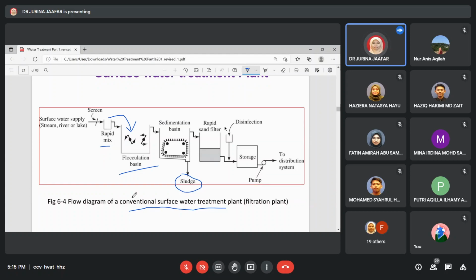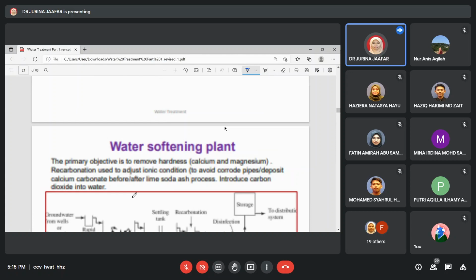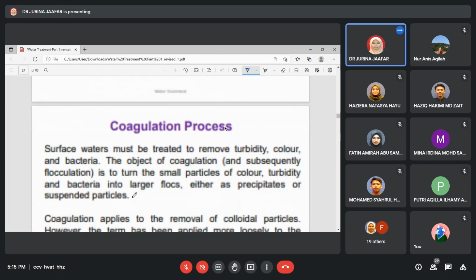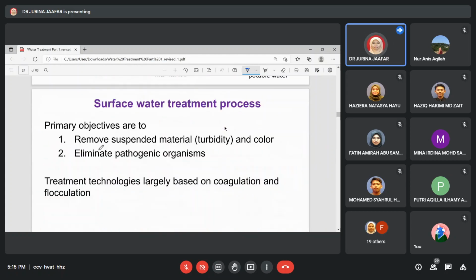So what is rapid mix? Ini I can explain back again sebab this is only 1 hour. So the purpose of the whole process of this treatment system is to remove suspended materials, turbidity and color, all the suspended materials that give us the color.